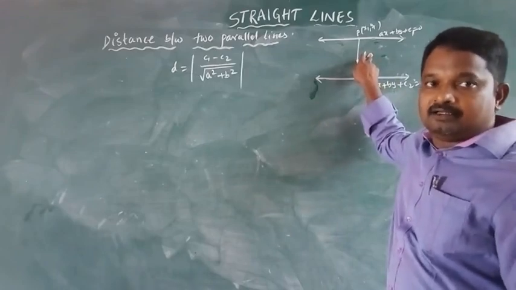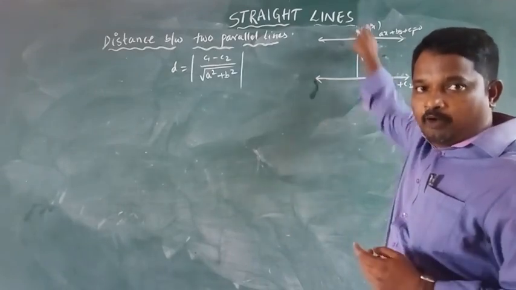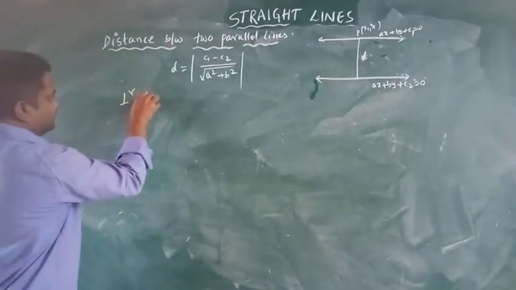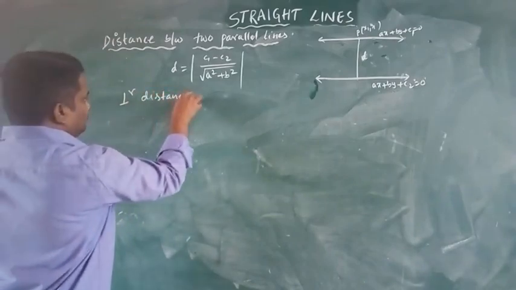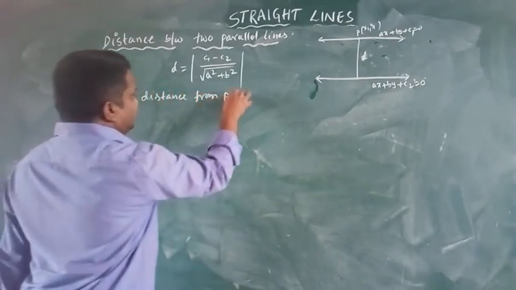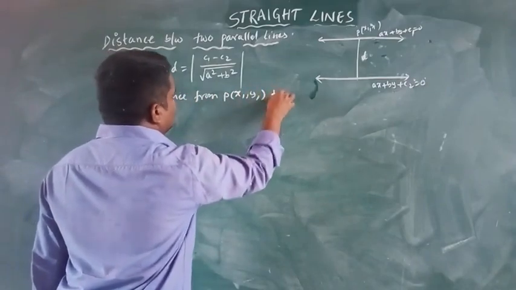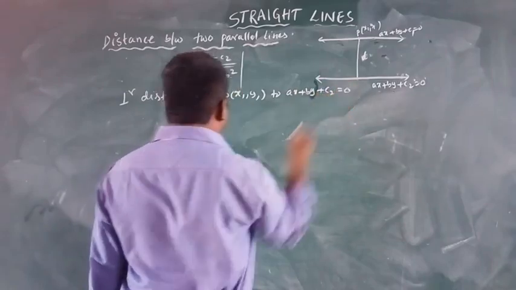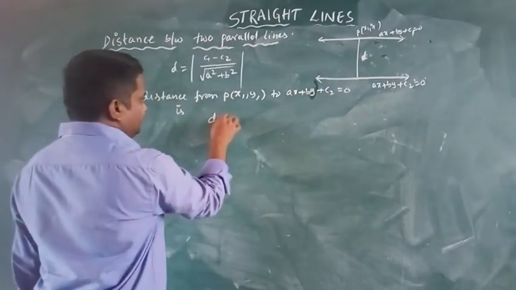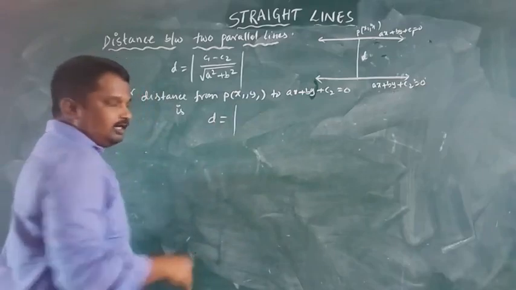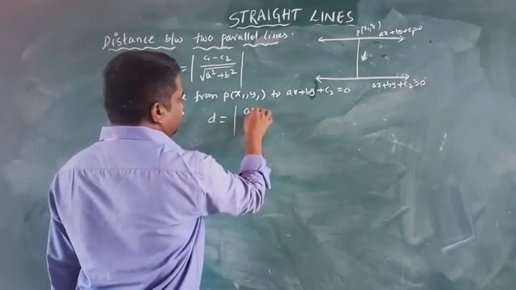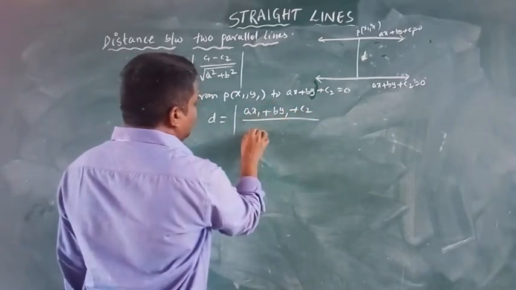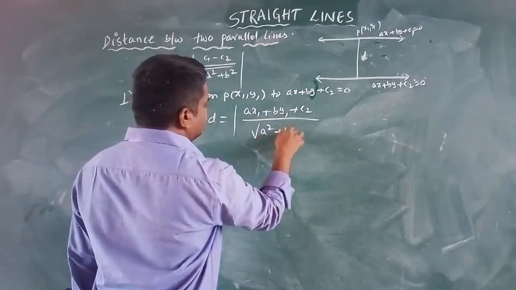We just learned that one: the perpendicular distance from a point to a line. So we may write the perpendicular distance from P(x1, y1) to ax + by + c2 = 0, so therefore d equals modulus of (ax1 + by1 + c2) by root over a square plus b square.